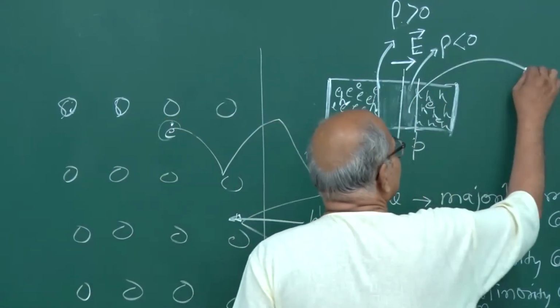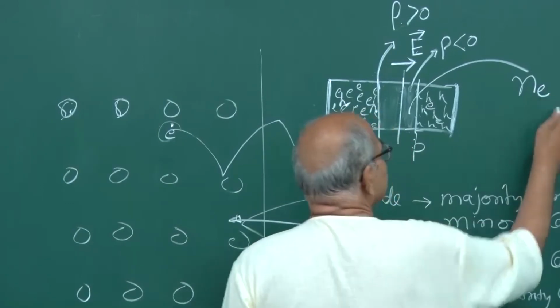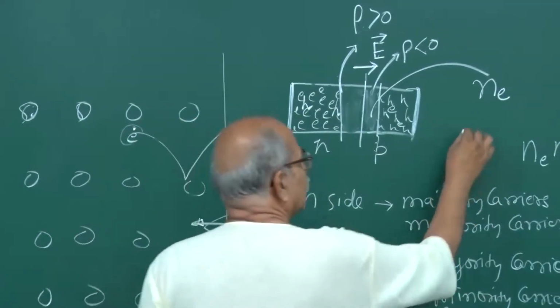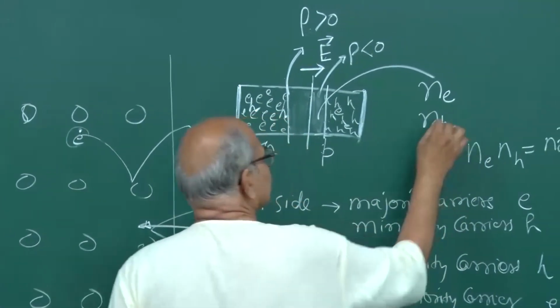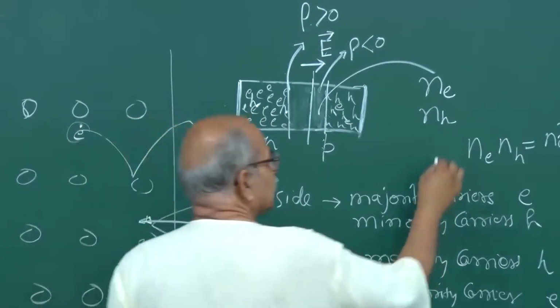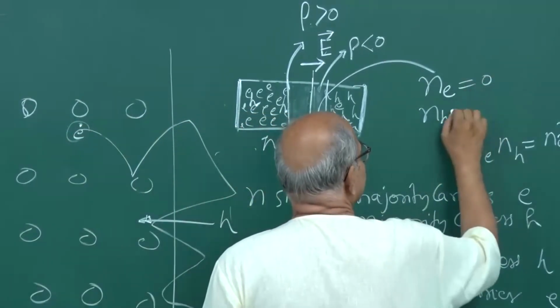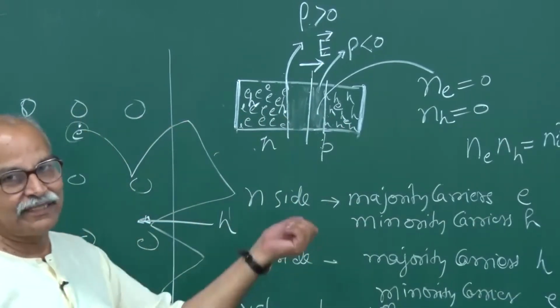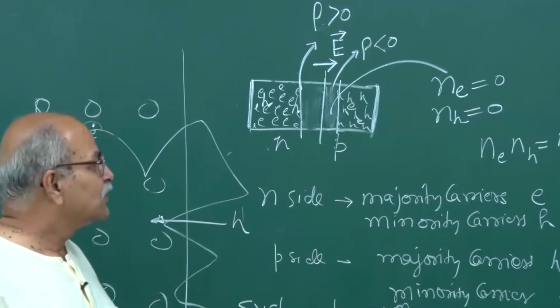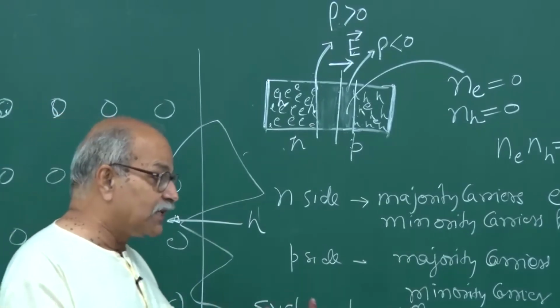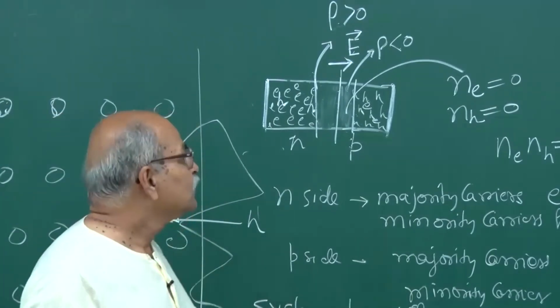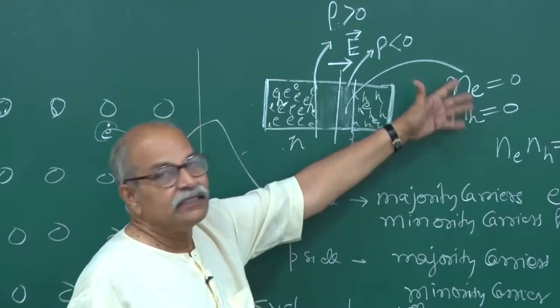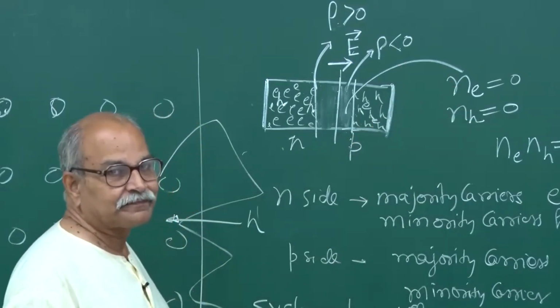The number of electrons per centimeter cube, or number of holes per centimeter cube, becomes 0. 0 means negligible, one or two here and there may still be there, but not enough to be observable in a circuit. So, this is almost 0.